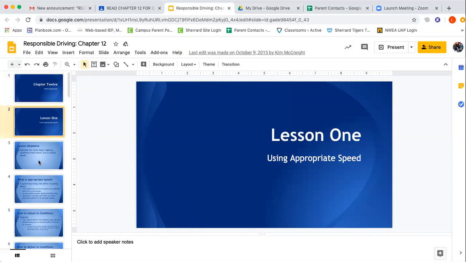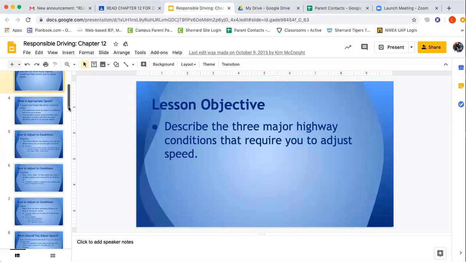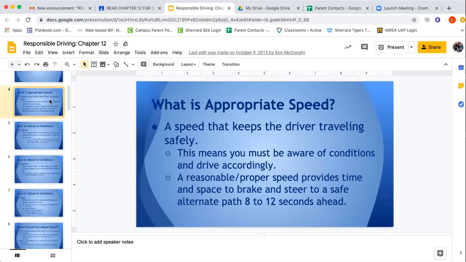Lesson 1 on using appropriate speed. The objective for this is to describe the 3 major highway conditions that require you to adjust your speed. Okay, what is appropriate speed? A speed that keeps the driver traveling safely is obviously what's going to be appropriate, right? This means you must be aware of the conditions and drive accordingly.